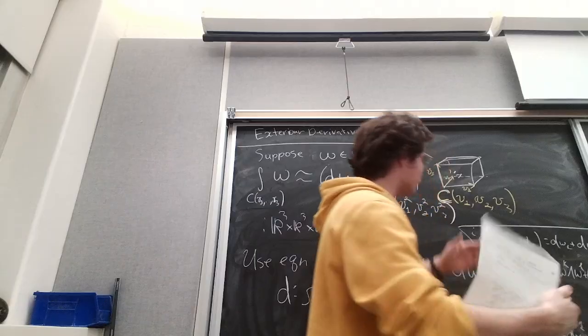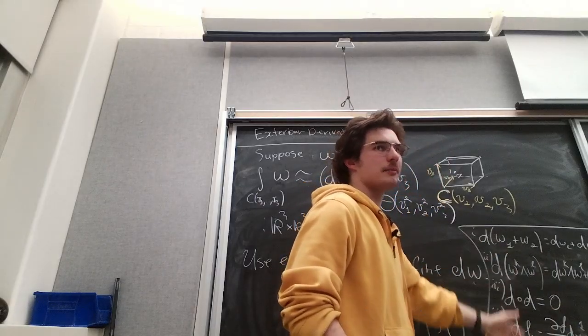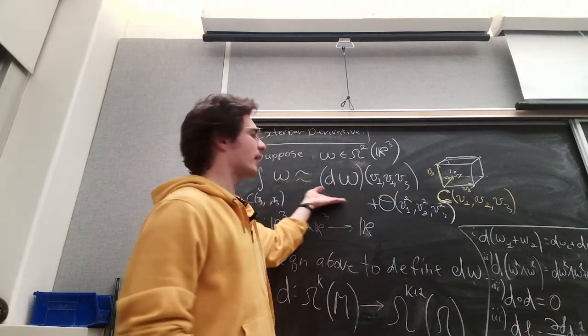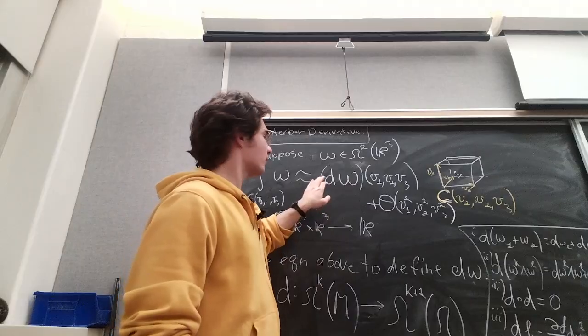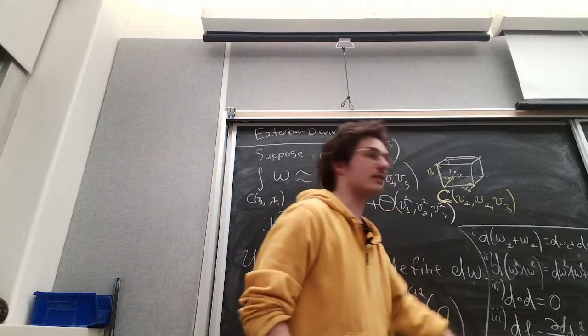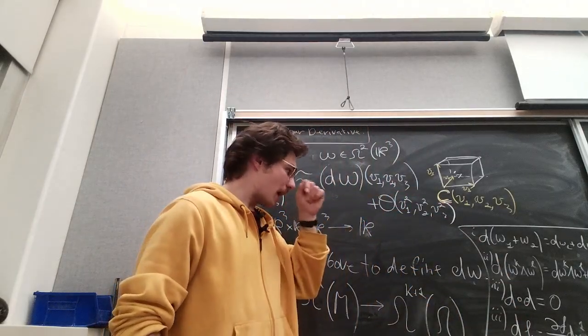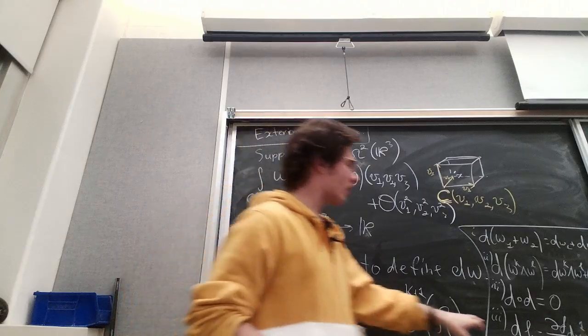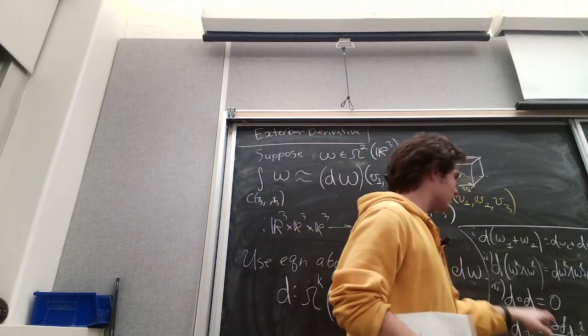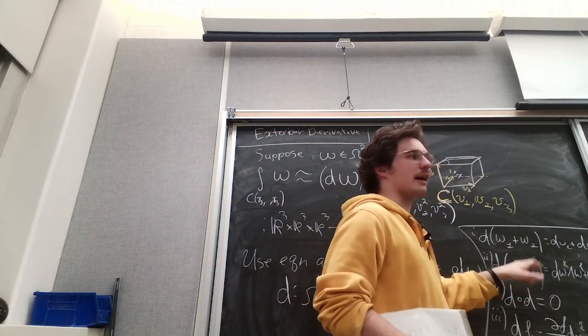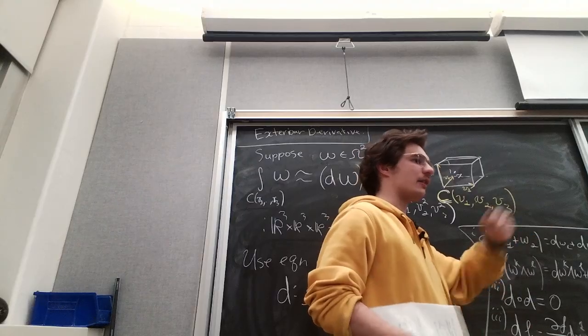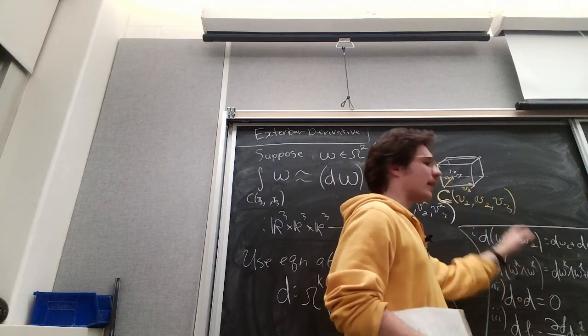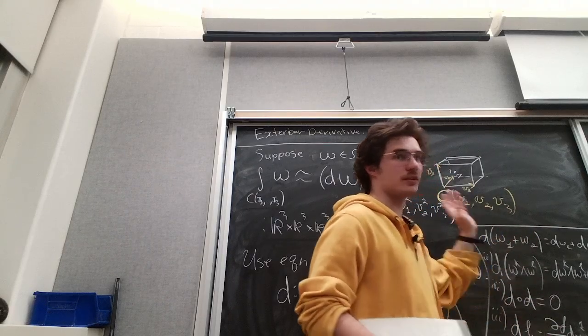In fact, these four properties are completely equivalent to defining it this way. So defining it like this and defining it like this is the same. Why? Because you know how it acts on functions, and using this wedge thing, you know how it acts on kind of higher forms, and so you kind of define how d acts iteratively using these rules.